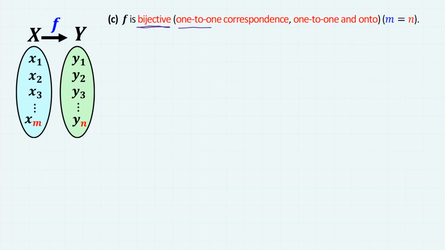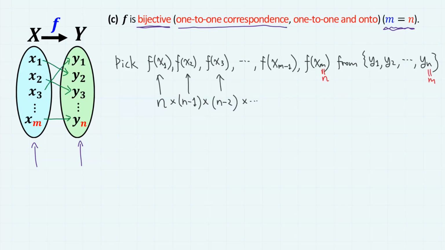Bijection, or one-to-one correspondence, is possible only if m equals n. That is, X and Y have the same number of elements. Therefore, from our previous injective case, the number of choices decreases all the way down to 1. So we have n factorial, or m factorial, since m equals n.